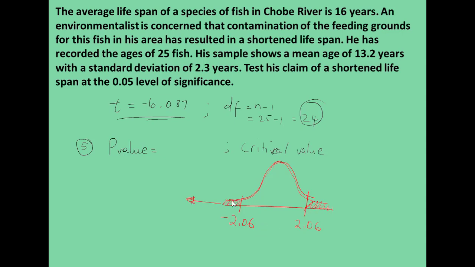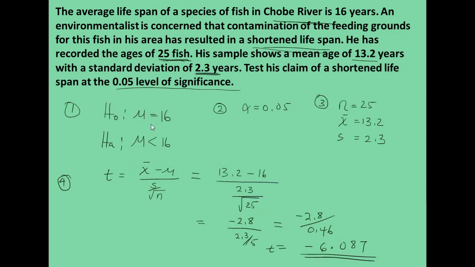Since our test value is way out in the critical zones, in the rejection zones, this is the zone of acceptance. This is where we would fail to reject the null hypothesis. Outside of this zone, we would reject the null hypothesis. So we reject the null hypothesis again by using the critical value method, just the same as we did by using the p-value method.